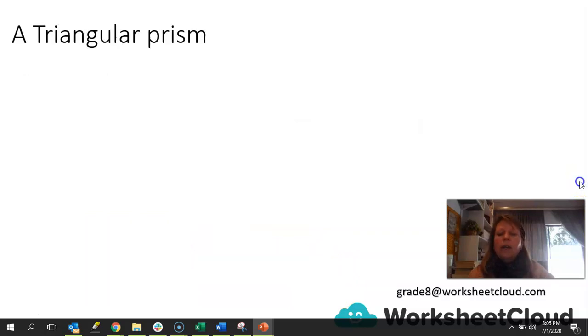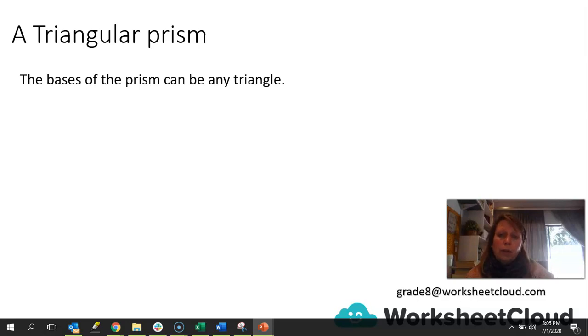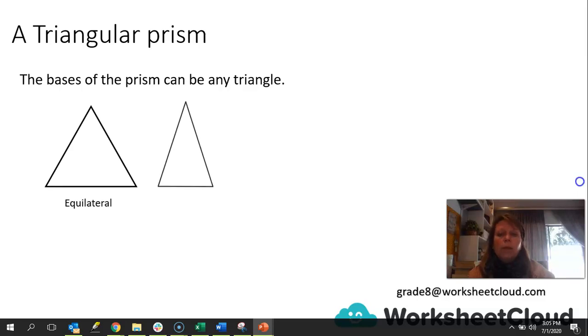Okay, so if we have a look at the bases of the triangular prism, they can be any triangle. They can be an equilateral triangle, an isosceles triangle, or a scalene triangle. An equilateral triangle is very easy to work with because we know that all the sides are the same size.